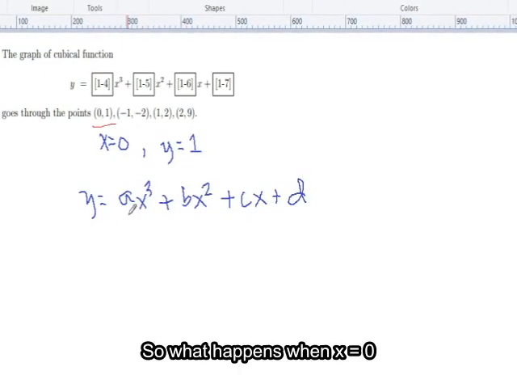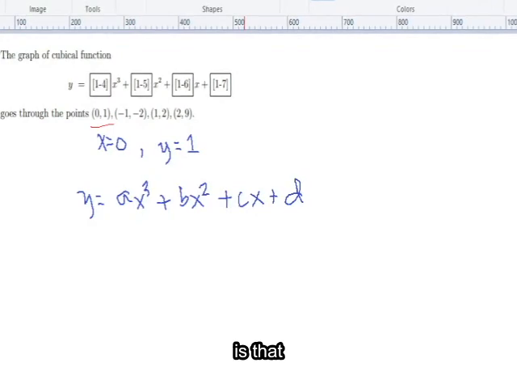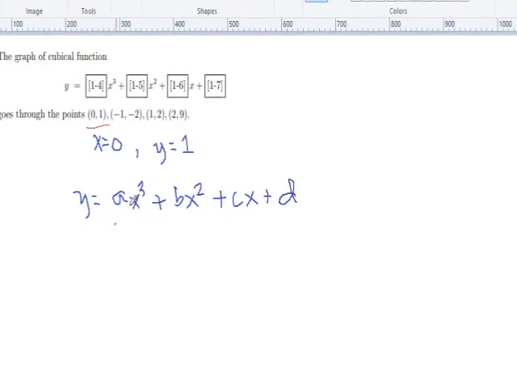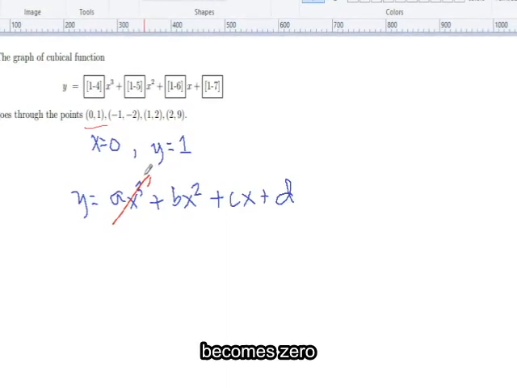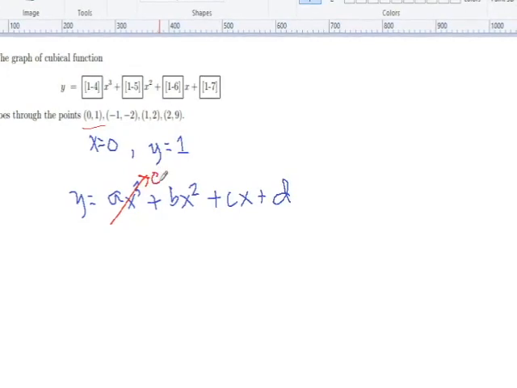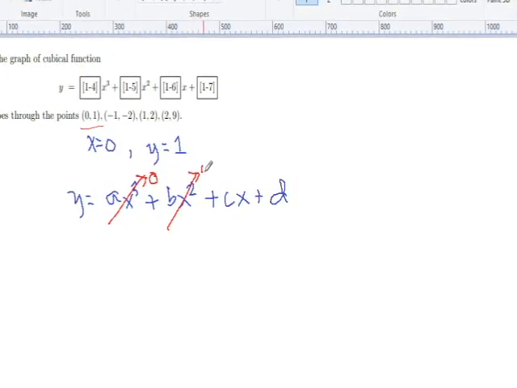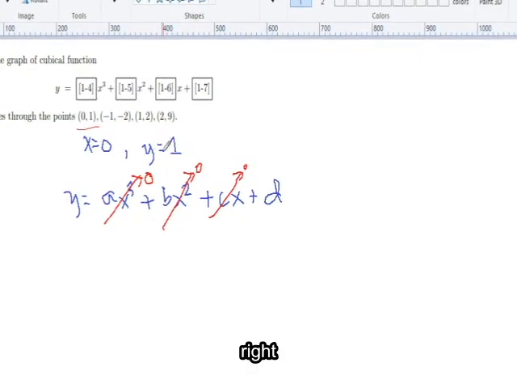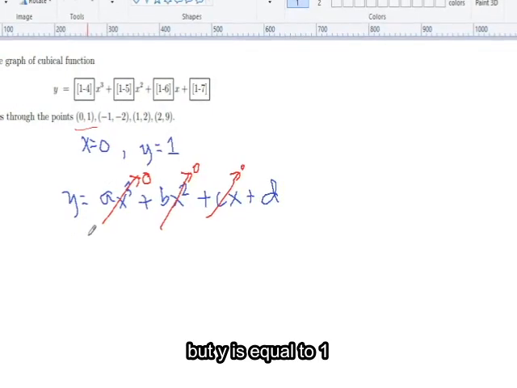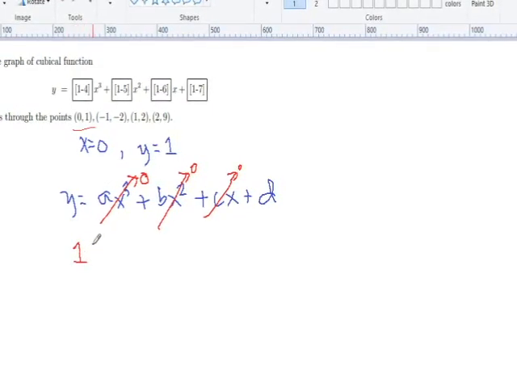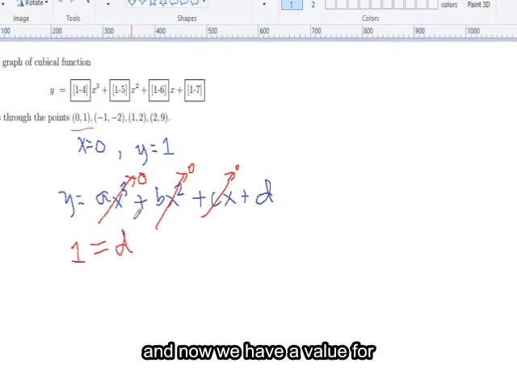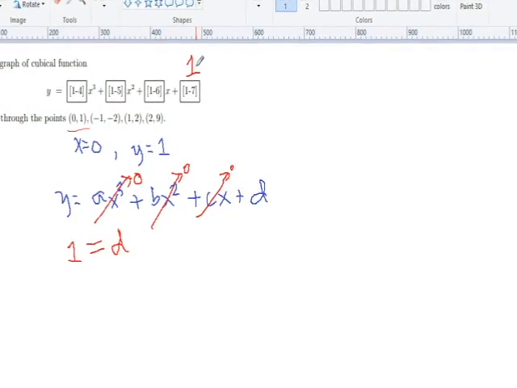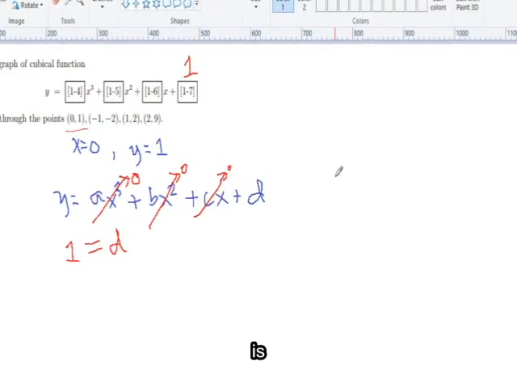What happens when x equals 0 is that 0 cubed is 0, so 0 times a becomes 0, and the other terms become 0. So you're left with d, right? But y is always equal to 1. So 1 equals d. And now we have a value for one of the constants.